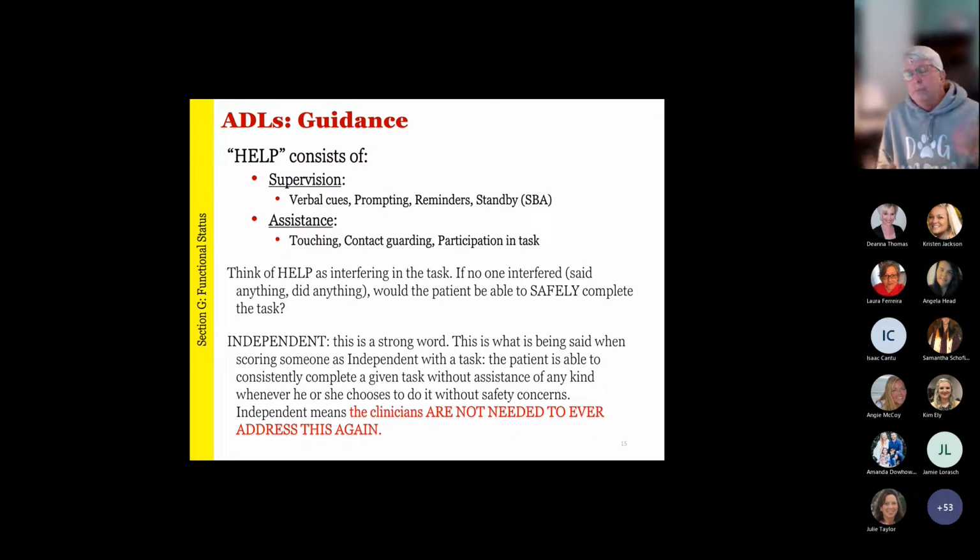Supervision is basically hands-off, which includes verbal cueing. Assistance is when you're physically getting involved: touching, contact, guarding, participating in a task. I like to think of help as interfering in the task. If that clinician did not do anything at all, would the patient have been able to safely complete the task?